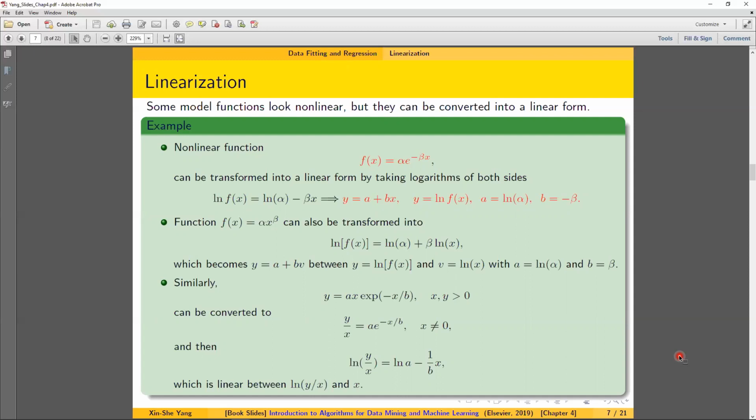That's why we have minus beta x. Now you can see that if we use y to stand for log f(x), a is log alpha, and b is negative beta, then we can translate this original problem to a linear function form.